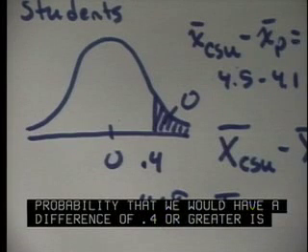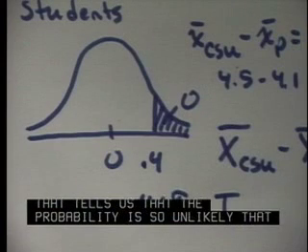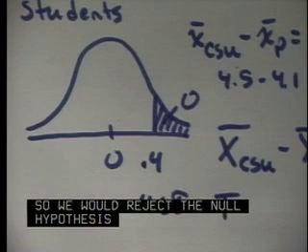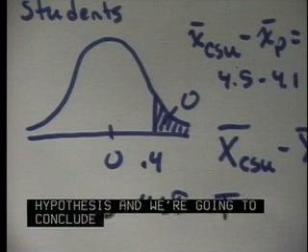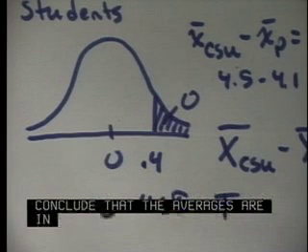That tells us that the probability is so unlikely that the chance is 0, so we would reject the null hypothesis, and we're going to conclude that the CSU average is in fact greater than the private university average.